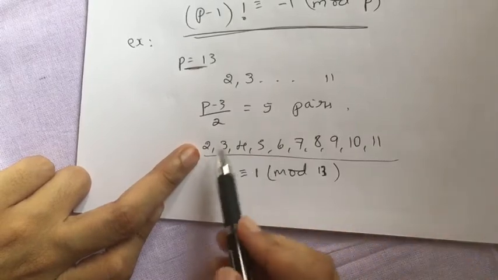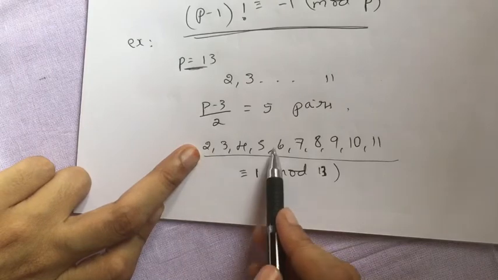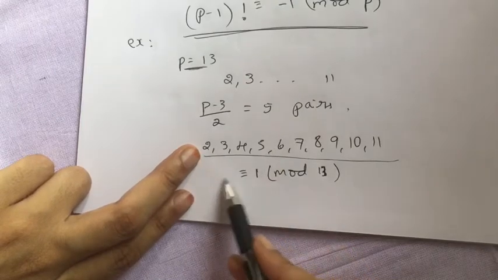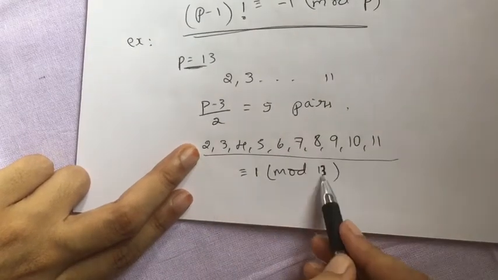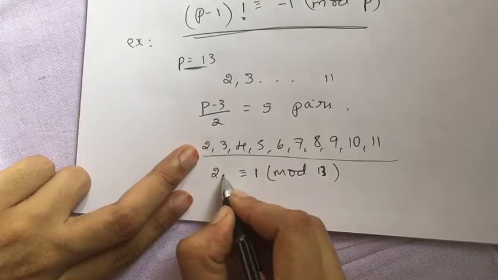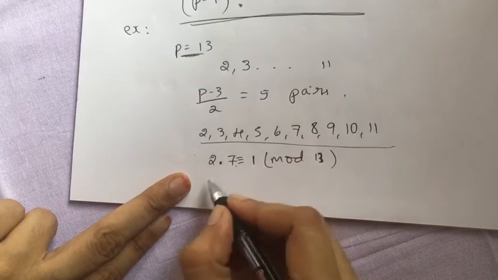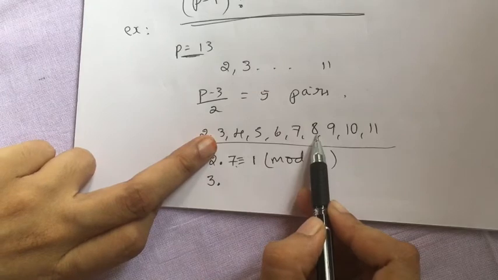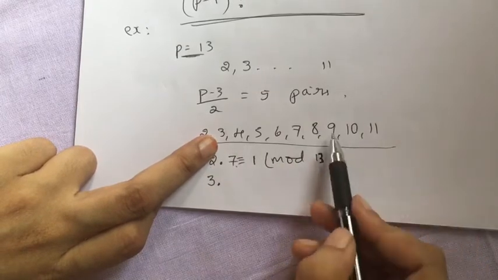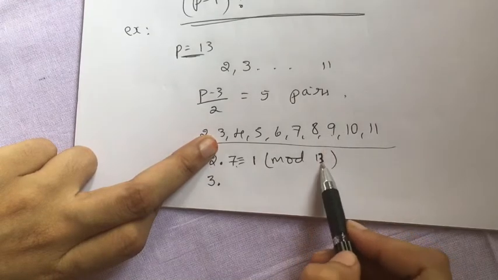So 2 into 3 not possible, 2 into 4 not possible. 2 into 6 comes out to be 12, and 12 minus 1, so it's not possible. 2 into 7 comes out to be 14. 14 minus 1 is divisible by 13. So one pair I got is 2 into 7. Similarly with 3, I can take 3 into 8, but no, not possible. 3 into 9 is 27, and 27 minus 1 is 26.